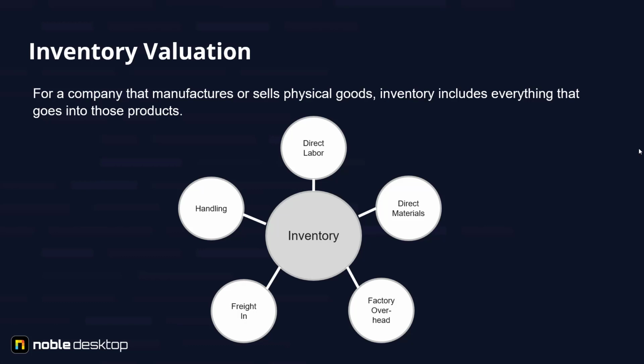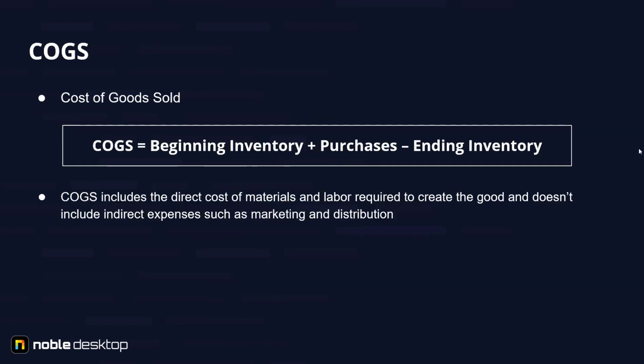The overall objective of inventory valuation is to help create an accurate picture of a company's gross profitability and financial position. To calculate gross profit listed on the company's income statement, a company must subtract the cost of goods sold from net sales.